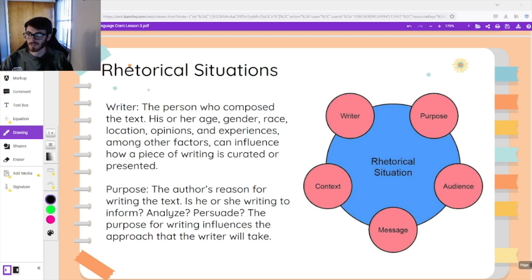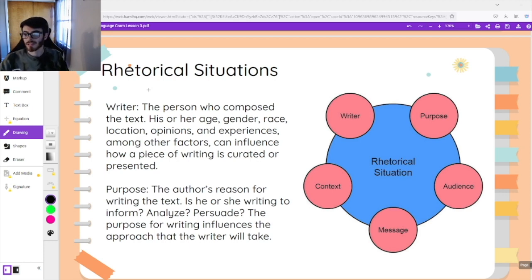Similarly, someone in the South versus someone in the North during the Civil War. So understanding the writer's background can help us understand why the text is written a certain way, what that person's biases or influences may be, and so on.